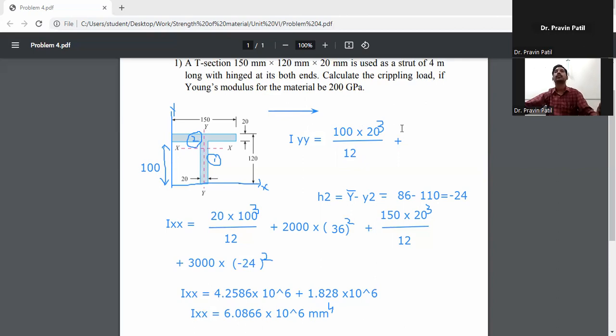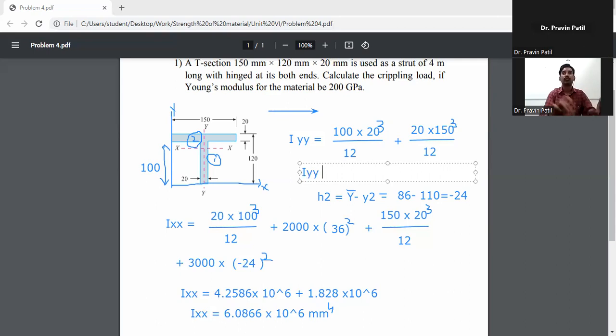Then the second one is 20 into 150 cube divided by 12. So we get Iyy.